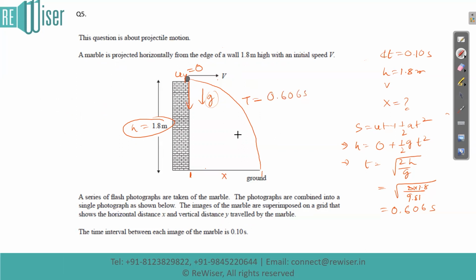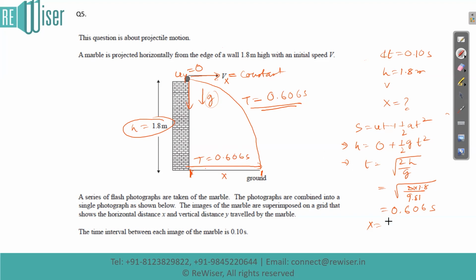Now you want to find out x. You see, velocity along x direction is v, let us consider vx, which is constant, which we can find out from the graph. And when it is covering this path in this time, it is also covering this distance in x direction in the same time, t equal to 0.606 s.